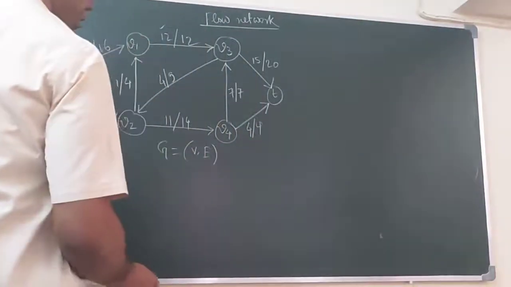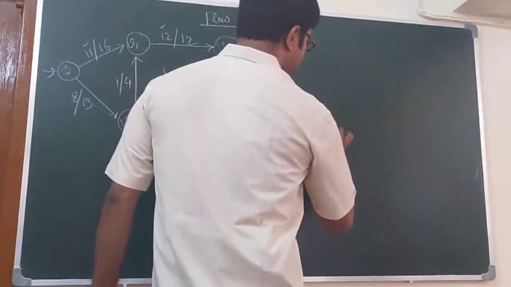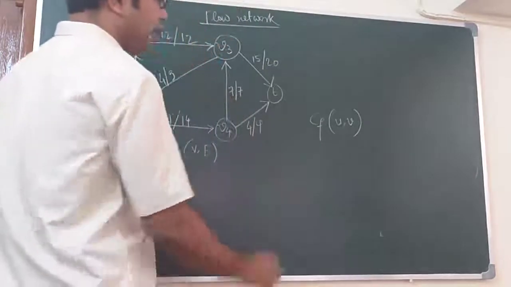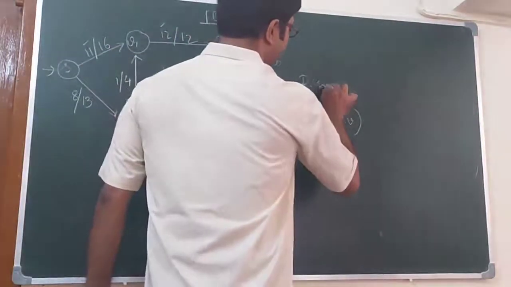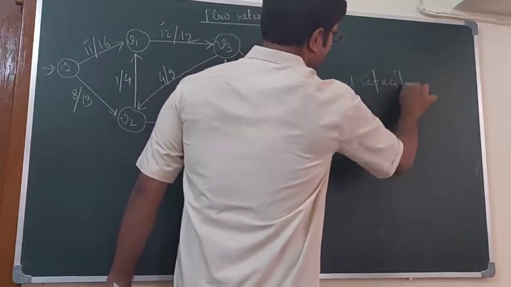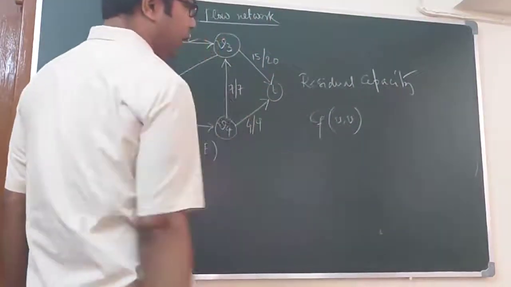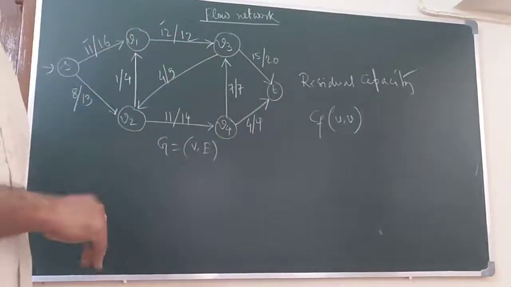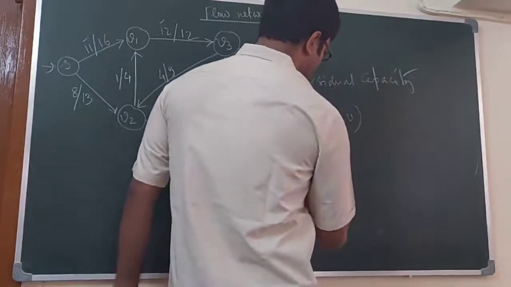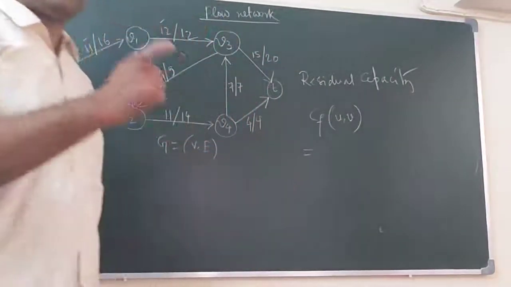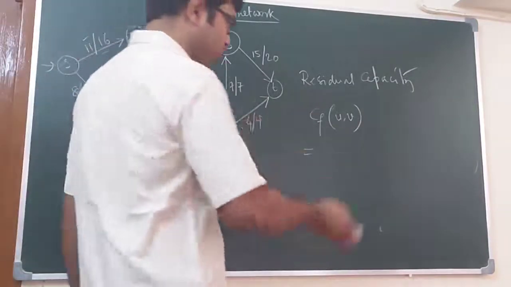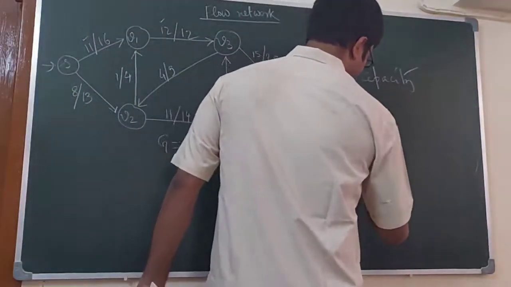Now, in the residual network, what will be the residual capacity? The residual capacity c f of uv, starting from vertex u and ending at vertex v, is the edge's actual capacity c of uv minus the flow of uv from u to v.